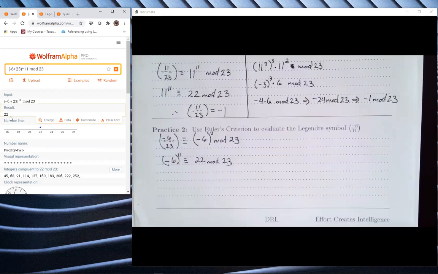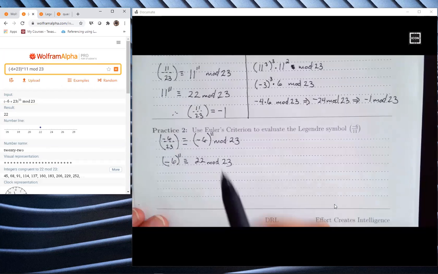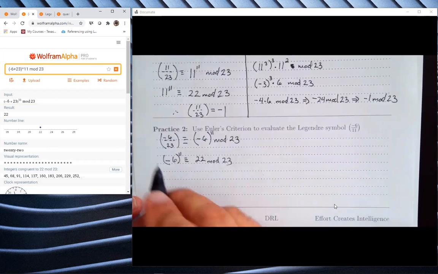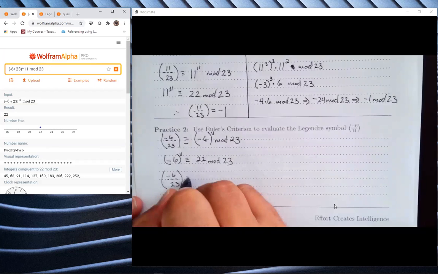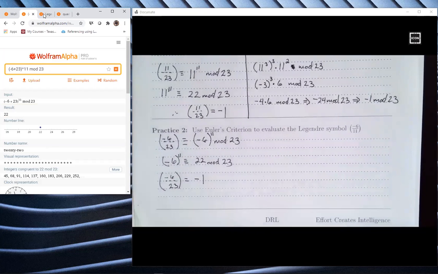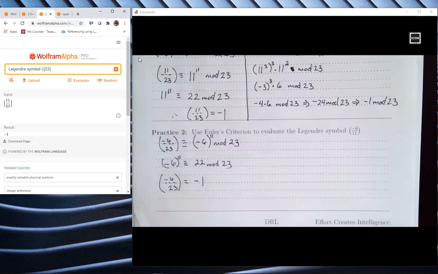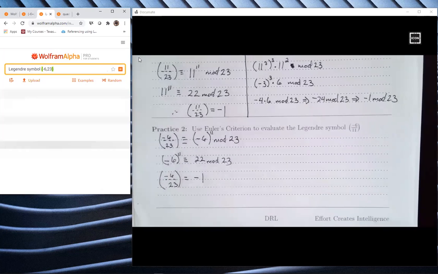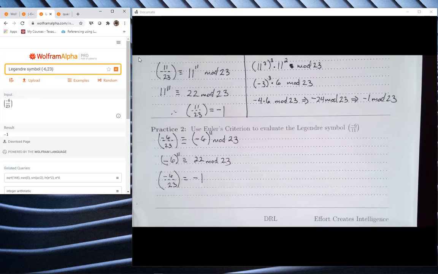If you wanted to work with positive numbers, you could do that as well. So what does that tell us? That tells us that the Legendre symbol of -6 modulo 23 will equal -1. Of course, we can check this by asking what's the Legendre symbol of -6 and 23, and we see our result is -1.